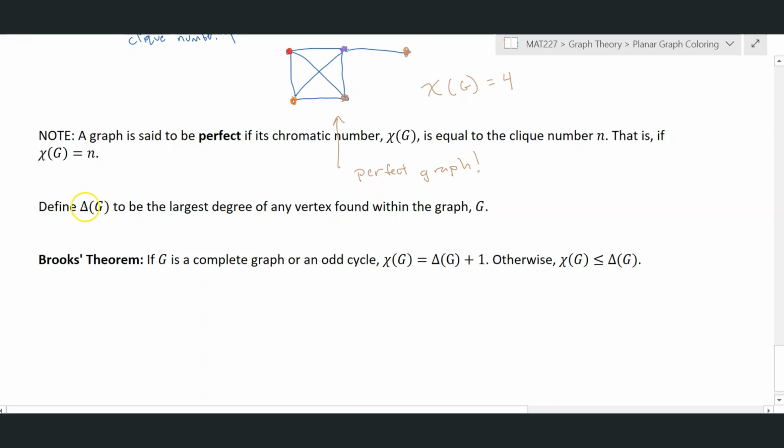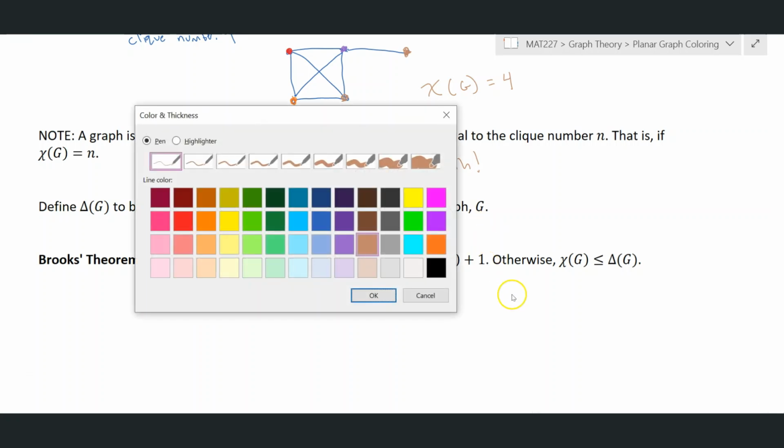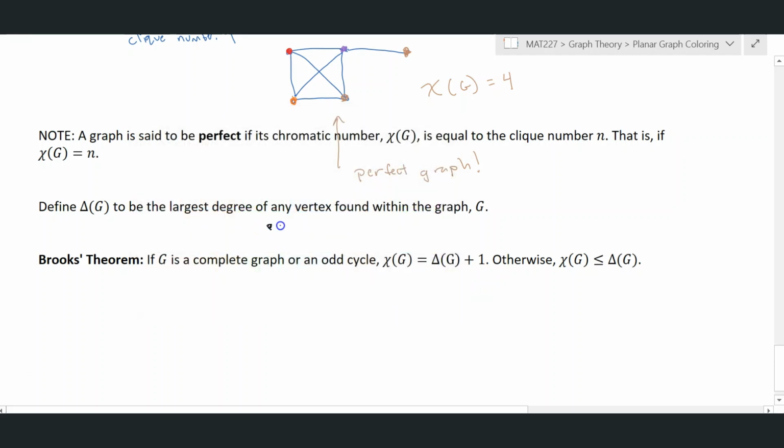All right, one last thing here. Define delta G to be the largest degree of any vertex found within the graph. The degree of a vertex means the number of vertices that are adjacent to it. So just as a recap, let's take a look at a couple of examples. Let's say the graph looks like this.